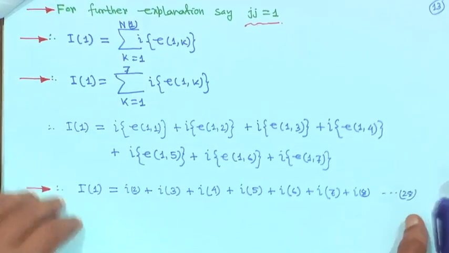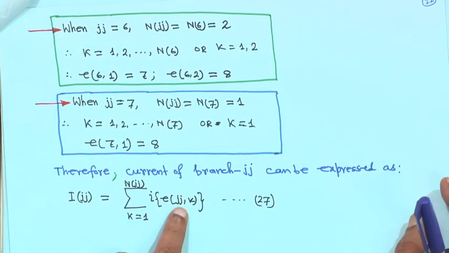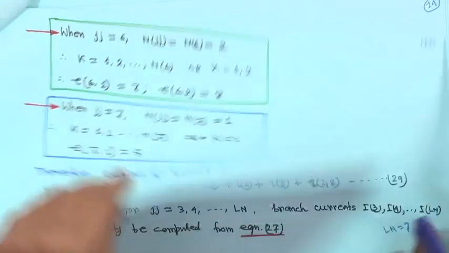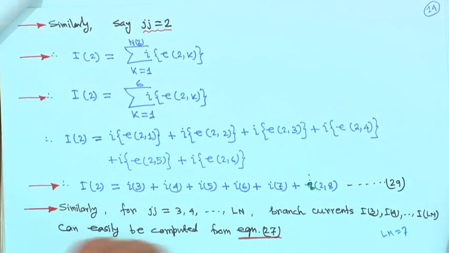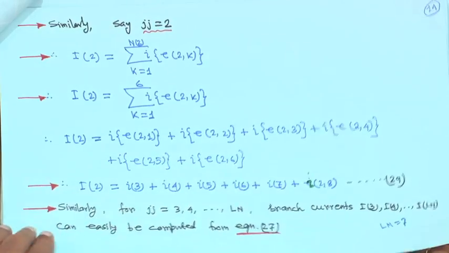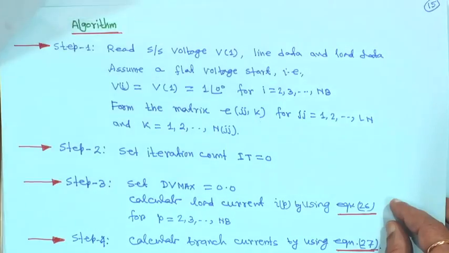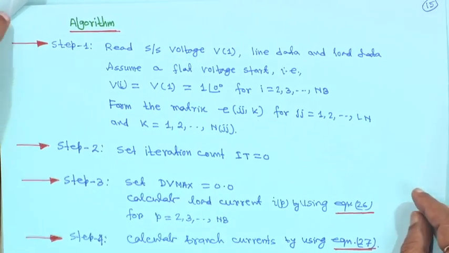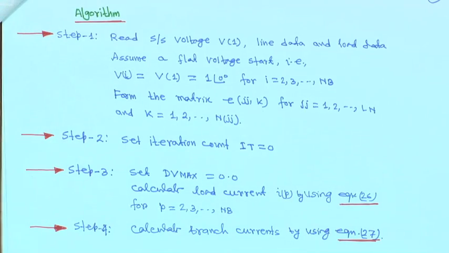From this equation, whatever equation we have made, you can calculate for other branches also, right. So branch current calculation is shown, how to do this. Of course, if initial values of I are known, and I showed you how to compute the initial values of I, right.